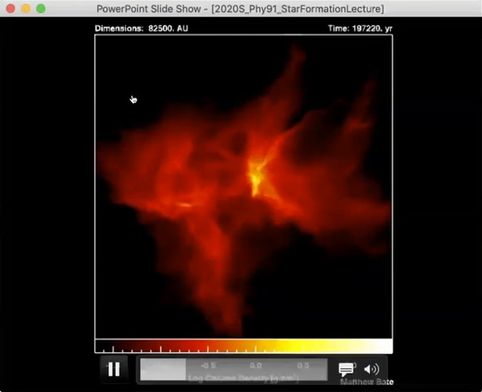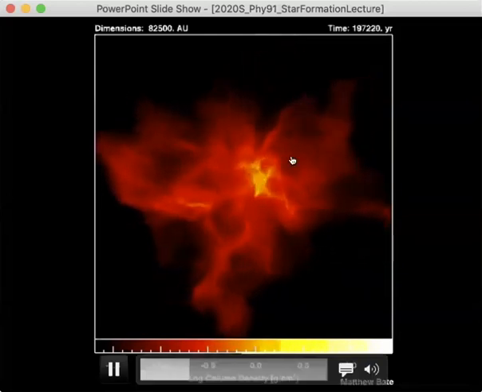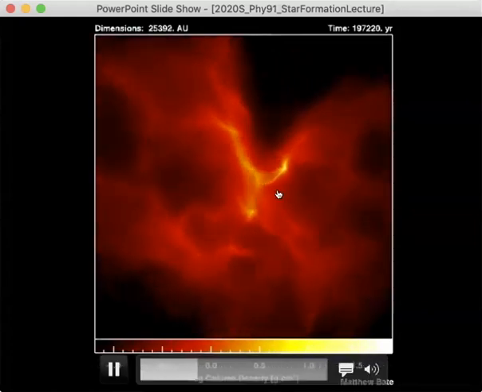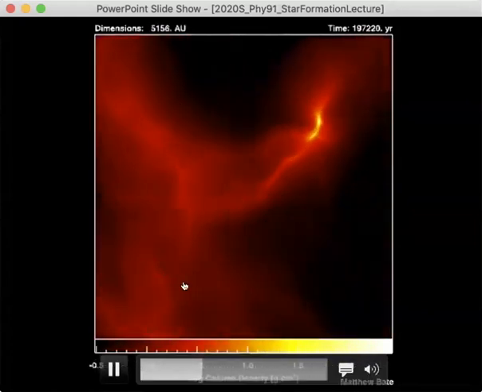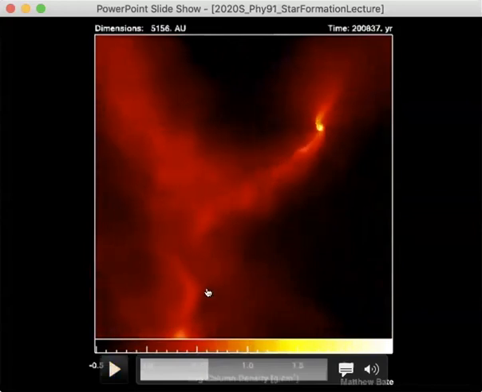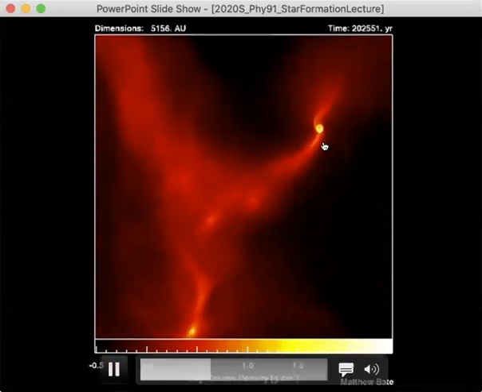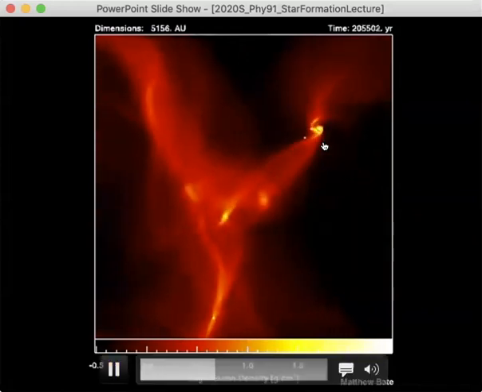So you can see that gravity is pulling things in, and I'm going to zoom around a little bit, and a lot of it is condensing down to this region here. We're going to zoom in. And what you're going to see, let me just pause it real quick, is these really bright regions are instances where gravity has caused the gas to collapse so much that we get what's called a protostar, a little bundle of gas that has not yet become a star, hence protostar.